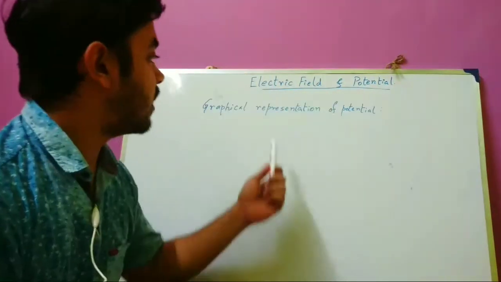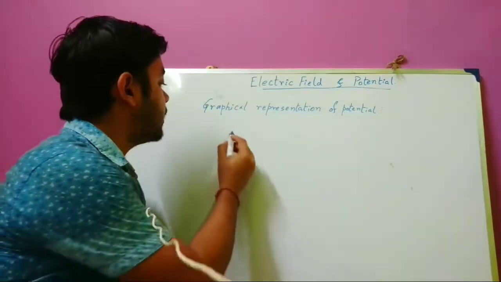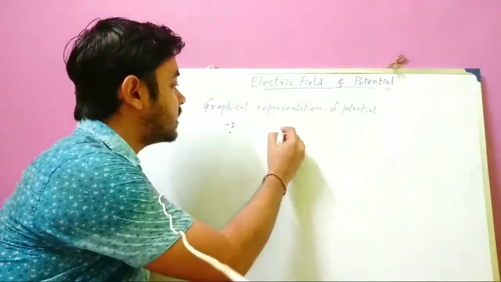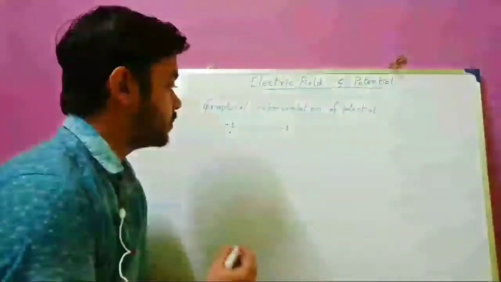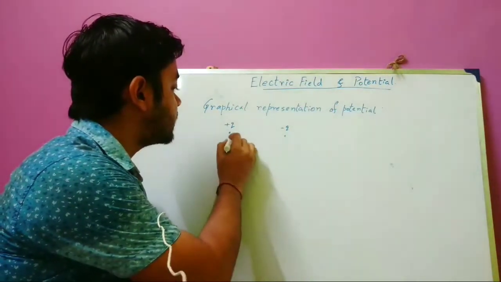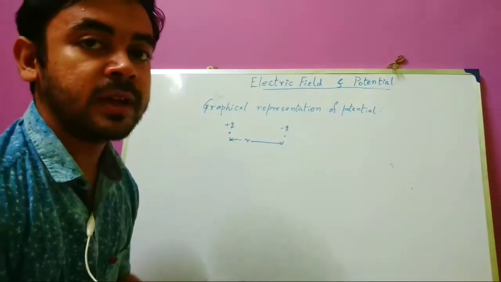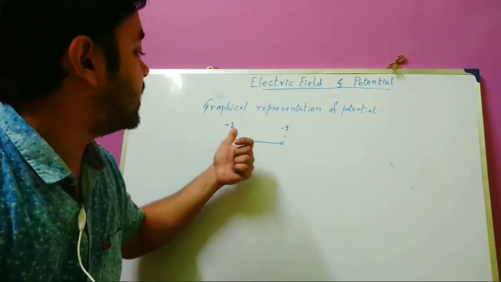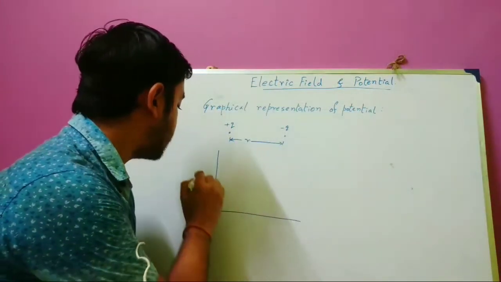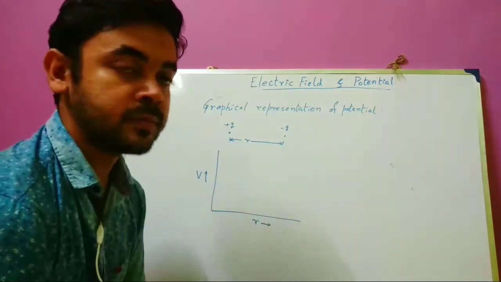Okay, graphical representation of potential. Suppose we have 2 point charges, one is plus Q and the other is minus Q, and they are kept at a distance of R. What will be the nature of the curve V versus R, where V is the electric potential and R is the distance between these 2 point charges?